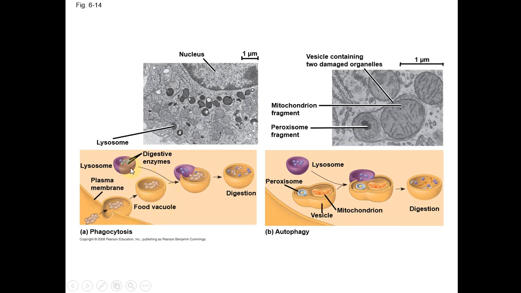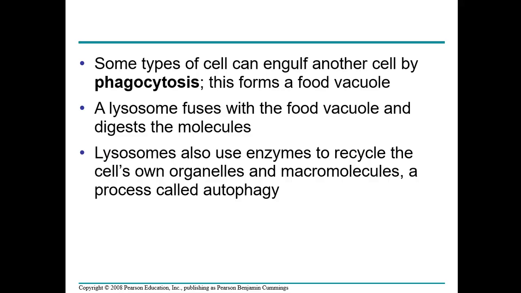Then here comes the lysosome where it contains hydrolytic enzymes. It will then fuse to the food vacuole. Okay, and the enzymes released by the lysosomes will digest the food in a vacuole. Okay, in a process called digestion na tinatawag. Okay po, so this is a form of phagocytosis. Okay po.